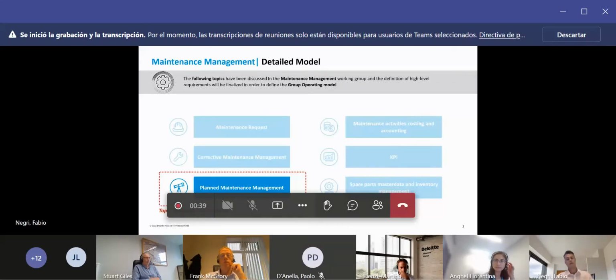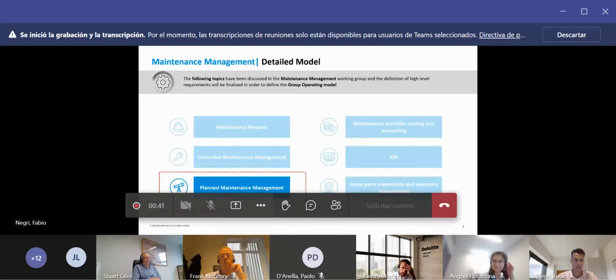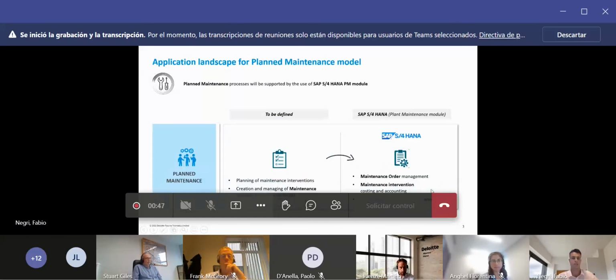Okay, perfect. Yes. So, plant maintenance. Today I would like to give you an update concerning the application landscape that is supposed to support this process.